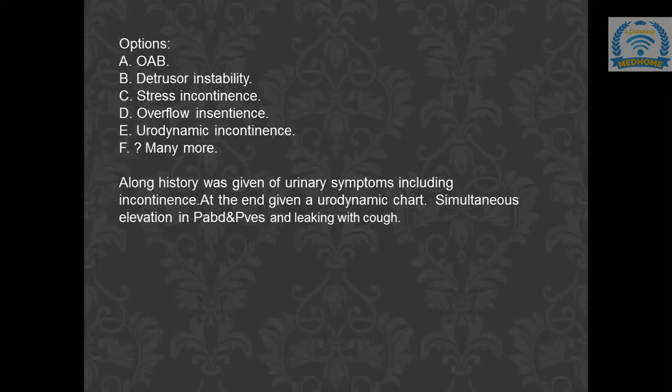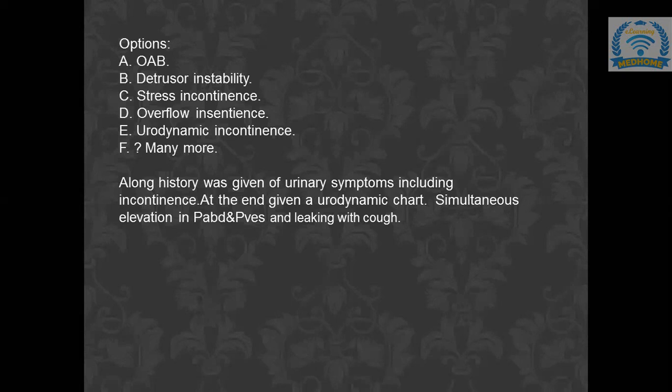Okay, I'll repeat the points, a quick summary so everything is clear. In urodynamic stress incontinence, there will be a rise in the abdominal pressure and the vesical pressure, plus there will be leak of urine as well. When we talk about detrusor overactivity, it can be wet or dry.